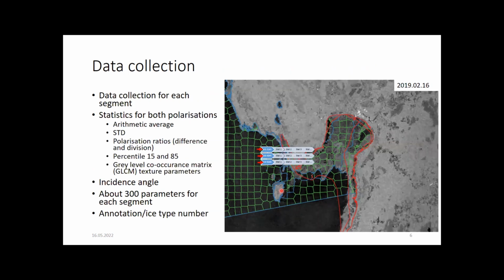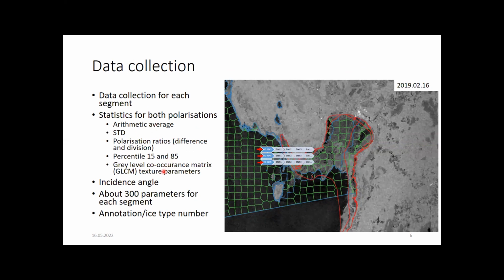And next step would be to calculate a bunch of statistics for each area here. Examples are basic averages, standard deviations, polarization ratios, percentiles, and texture parameters using gray level coherence matrix methods.